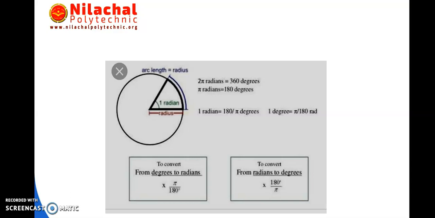To convert from degree to radian, we multiply by pi by 180. To convert from radian to degree, we multiply by 180 by pi. Here you can see that the arc length is equal to the radius. That is the main point.